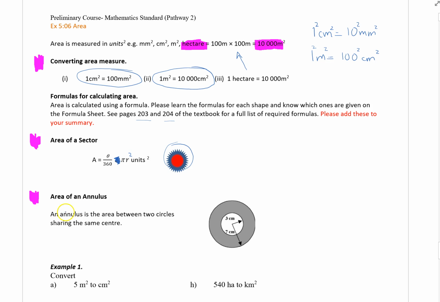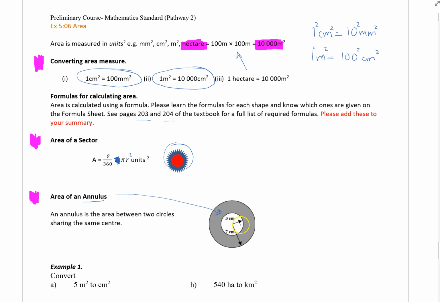Now, like I said, the other aspect of this exercise is going to be looking at areas created when you combine two shapes. A common one is called an annulus, and it is this shaded part. An annulus is like a donut shape.